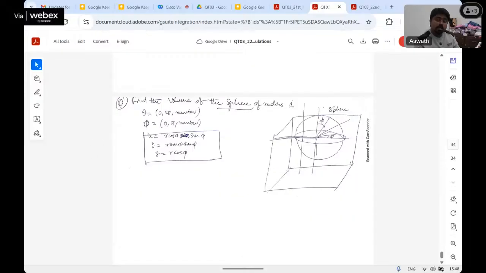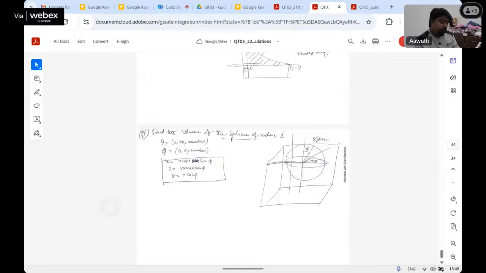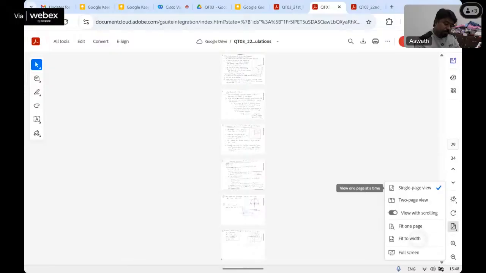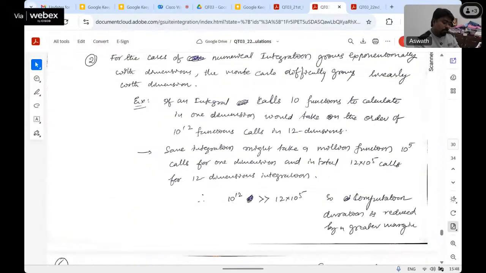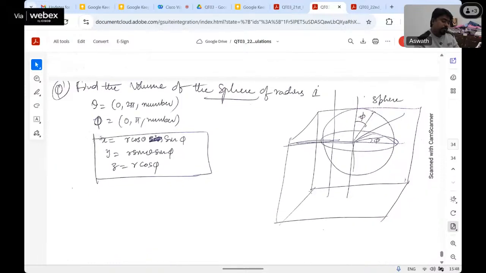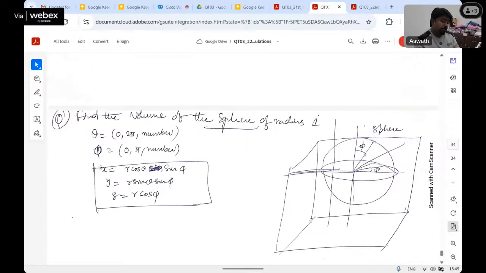So you can calculate the volume of any arbitrary shape. The only thing is, we should know the expression for the volume-enclosing surface. That is very, very important.